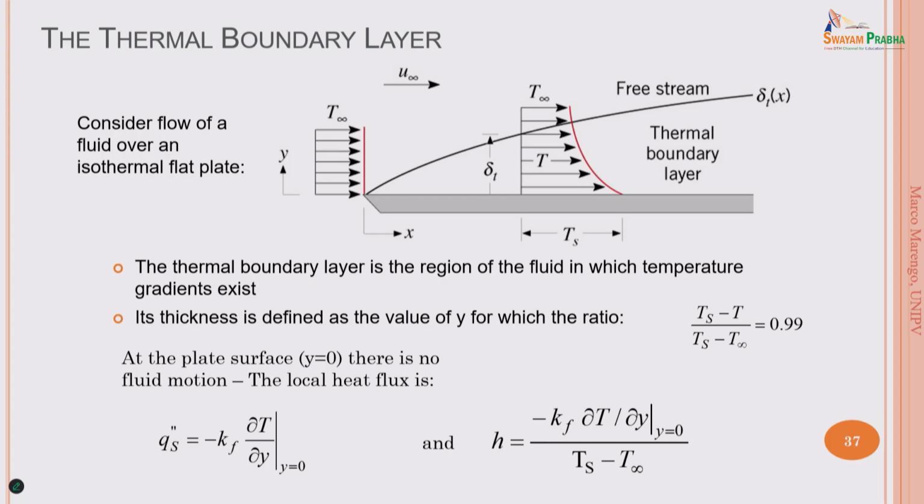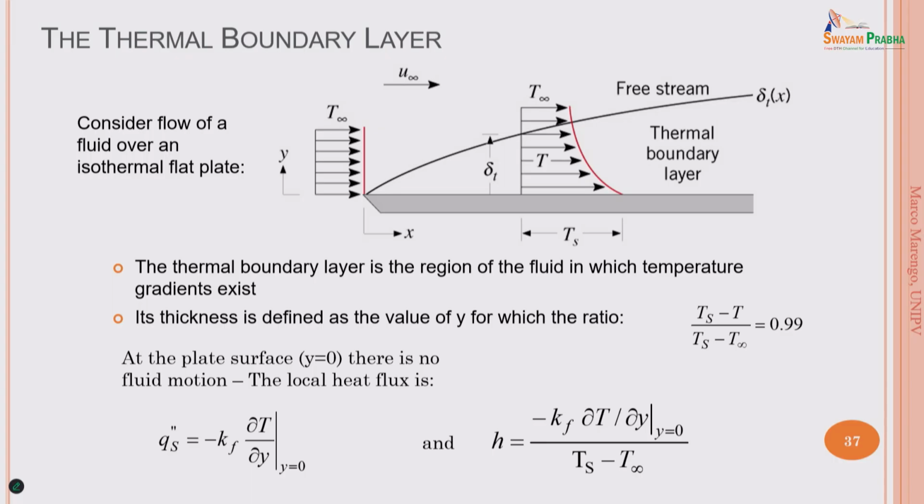The thermal boundary layer is something similar. If the wall has a different temperature with respect to the fluid, there is a region where we cannot neglect the presence of the wall, where we cannot say that the temperature is the same as far from the wall.